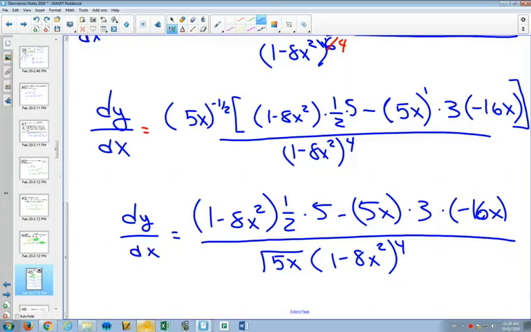So if they had that square root of 5x on the bottom, you say, where did that come from? Well, when I have that 5x to the negative 1/2 out in front, that negative 1/2 moves it down to the bottom of our fraction, which makes it 5x to the 1/2, which is another way of writing square root.